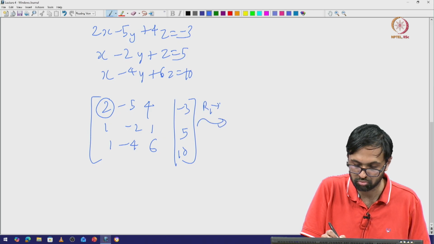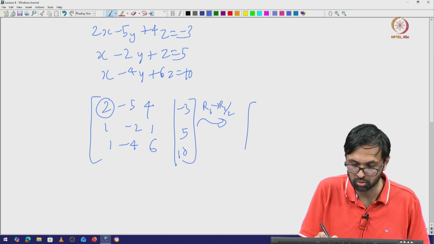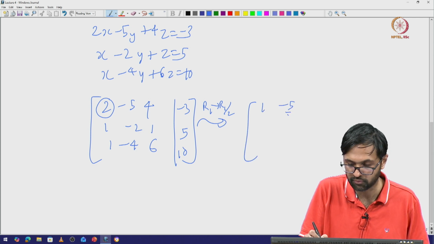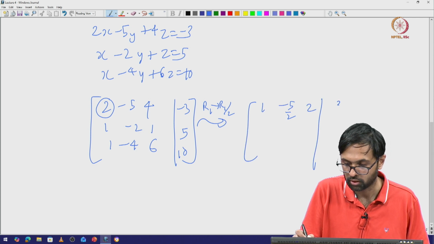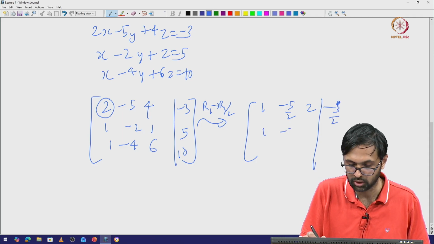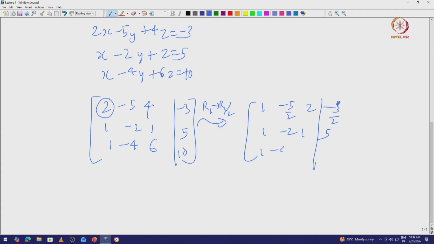When you divide by 2, you'll get 1, minus 5 divided by 2, minus 3 divided by 2. We'll keep the others as they are. I'm not strictly following the Gauss-Jordan algorithm, but a slight variant of it. You can use your common sense basically. Just use row operations to get it to the row echelon form.